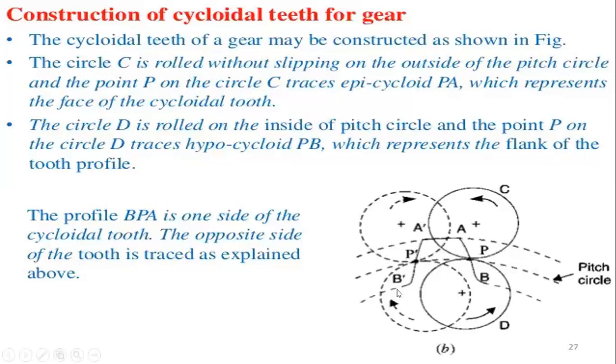This is the BPA curve and the B dash P dash A dash curve, which is to be indicated as the tracing of the pitch circle, in which C and D are the two circles, which have to be rotated in the anti-clockwise direction, which you can see in the figure also.